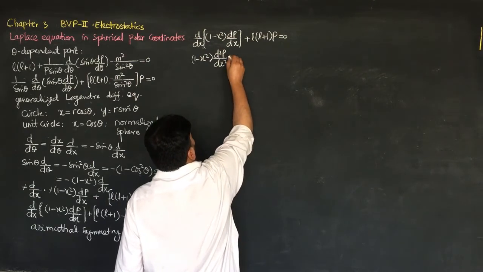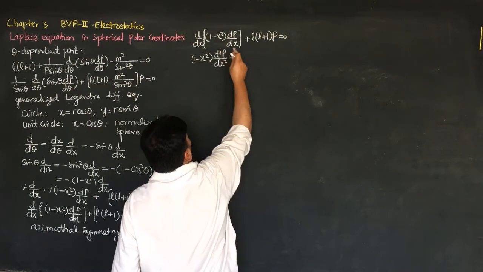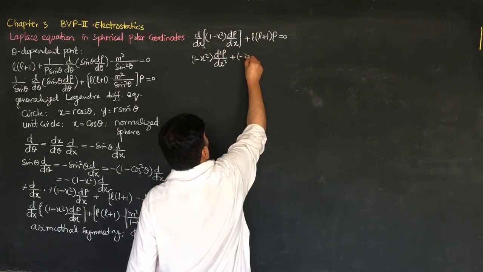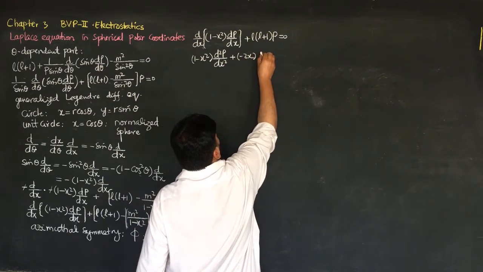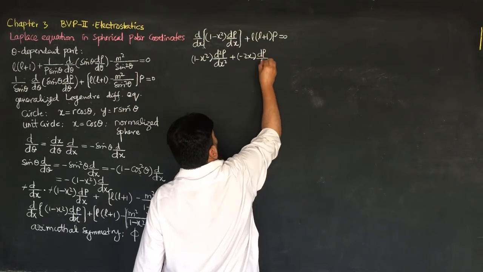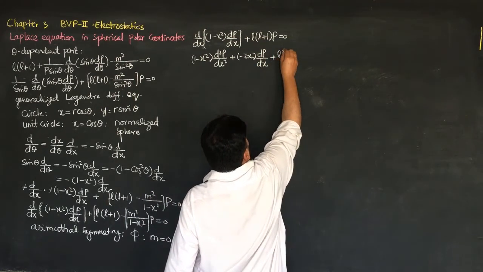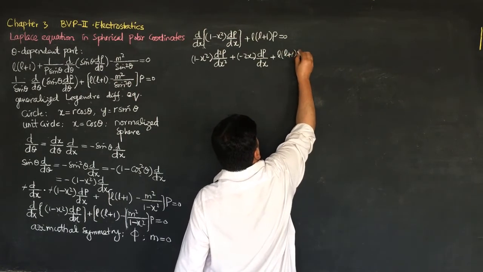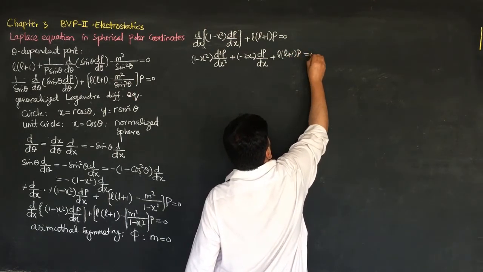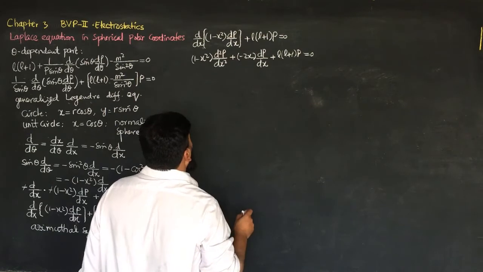Then we will have plus the second function and the derivative of the first, so the derivative of this is minus 2x, and dP over dx, plus L into L plus 1 and P equals 0.